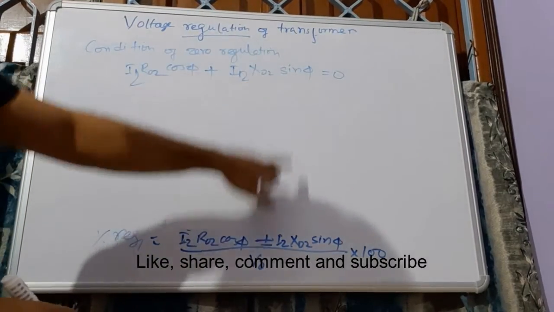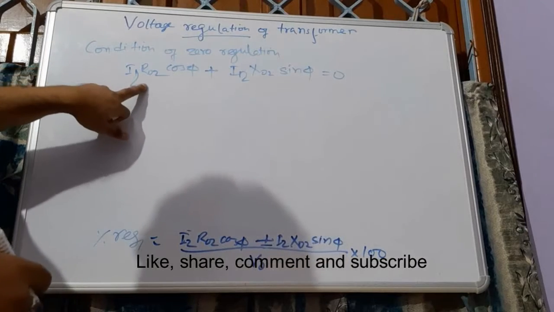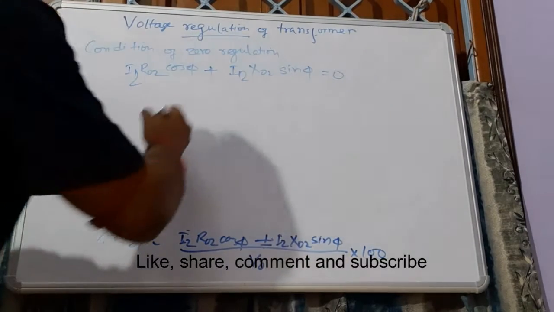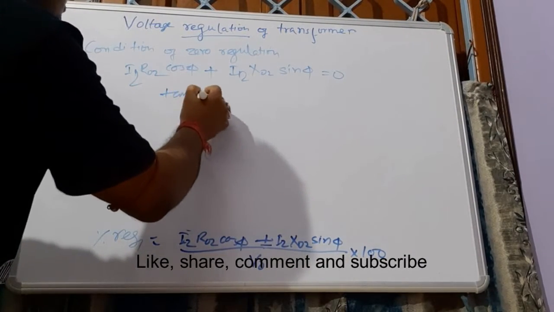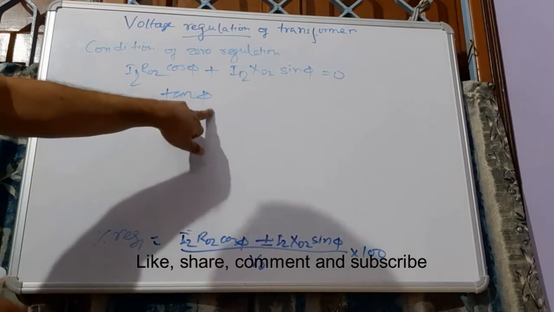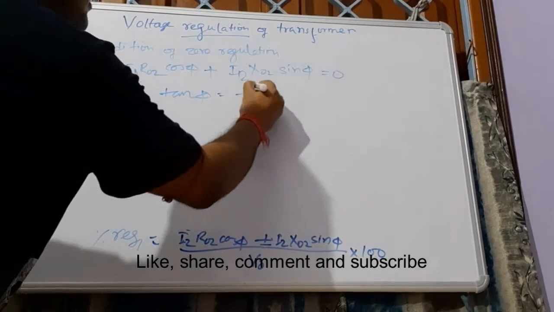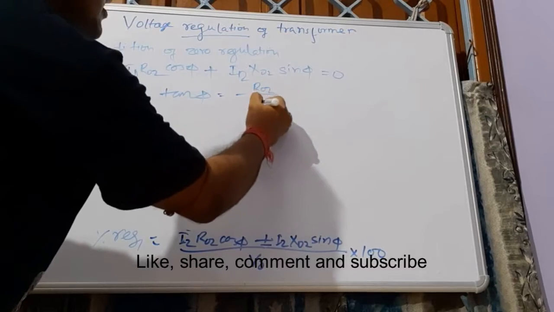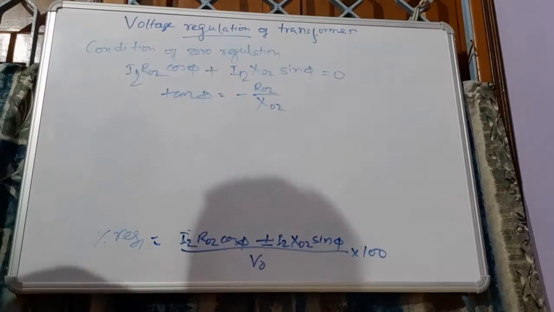This numerator will be 0. So if we calculate, tan phi will be equal to minus R02 divided by X02, right?